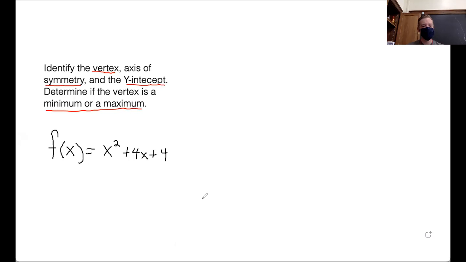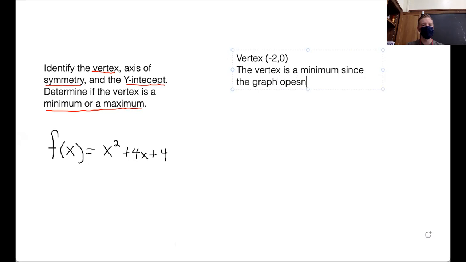So we said that our vertex here was the point (-2, 0). We said that the vertex is a minimum since the graph opens up.